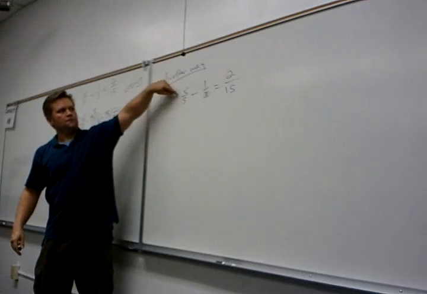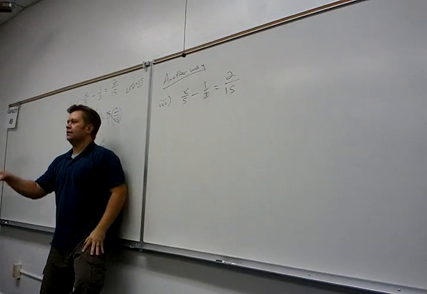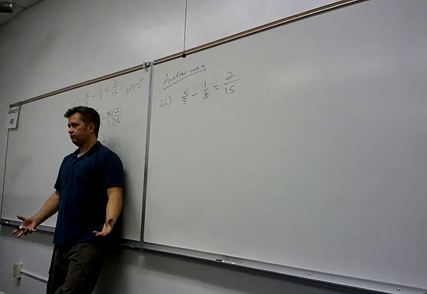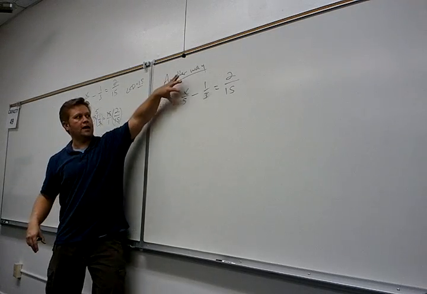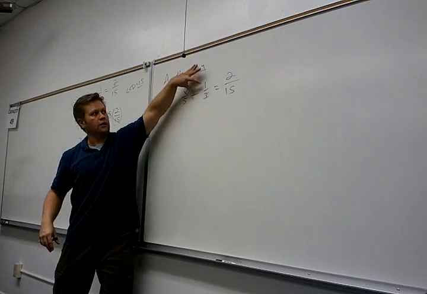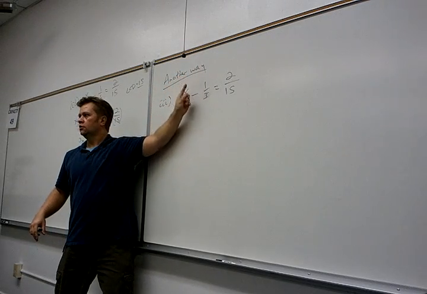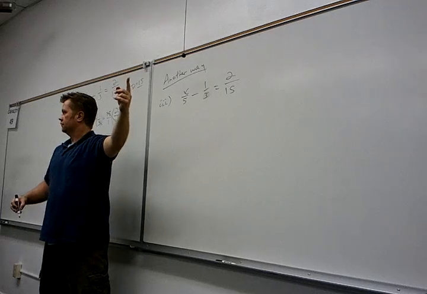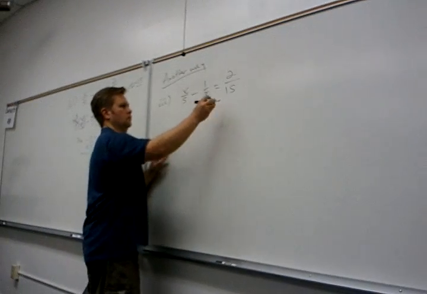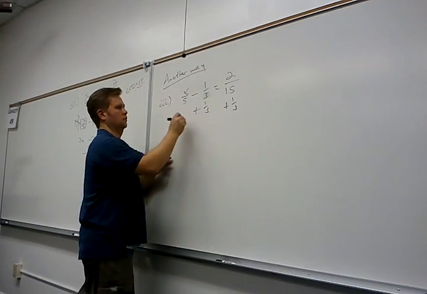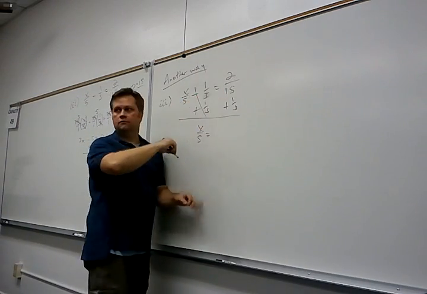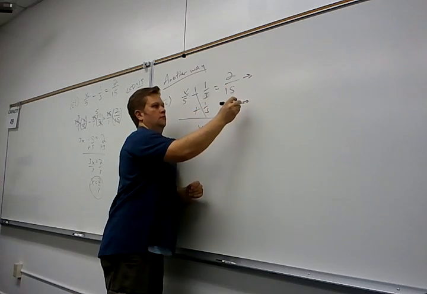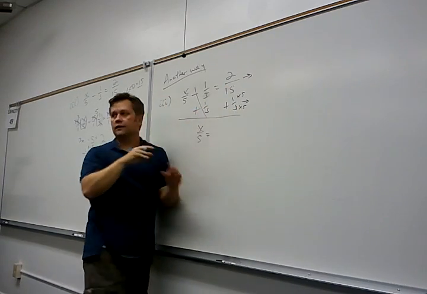Yes, we are. So the other way to do this is to not kill the fractions, to just start solving like we normally would. Here's my x, right? So don't I want to get rid of this minus 1/3? So I would add 1/3 to both sides. So you get x over 5 equals, now you've got to multiply by 5 to get the LCD.